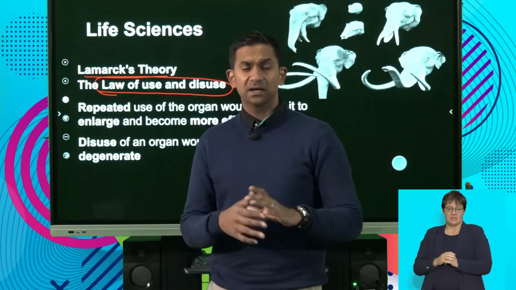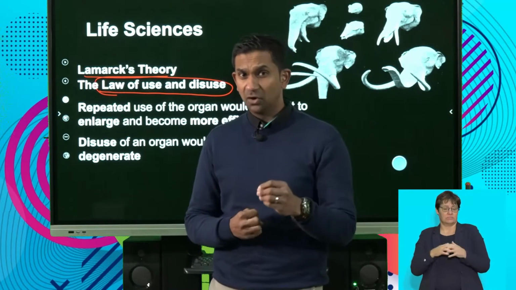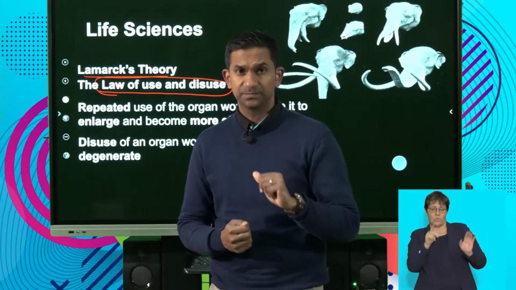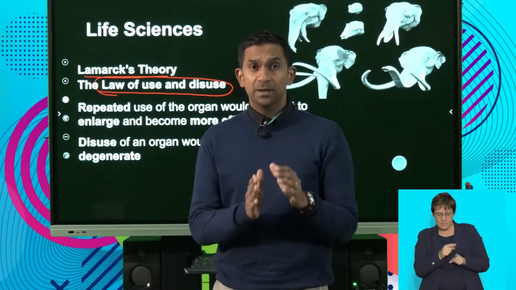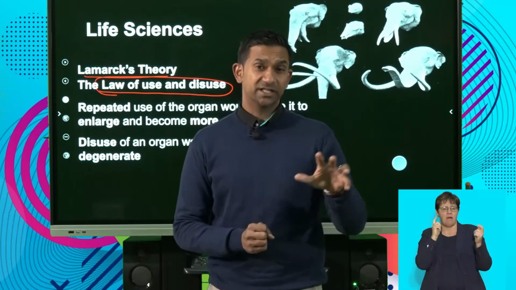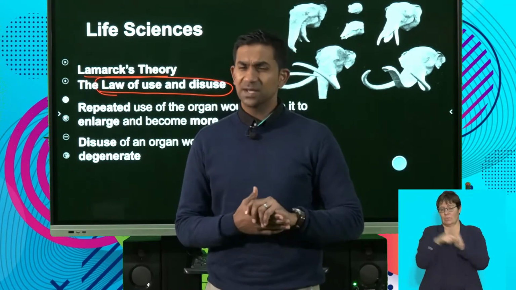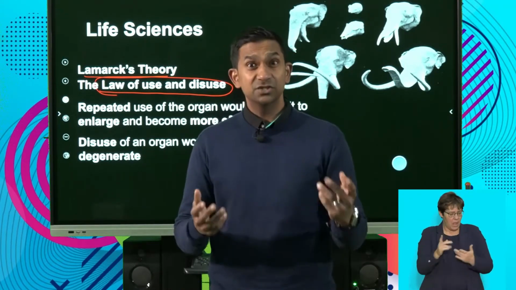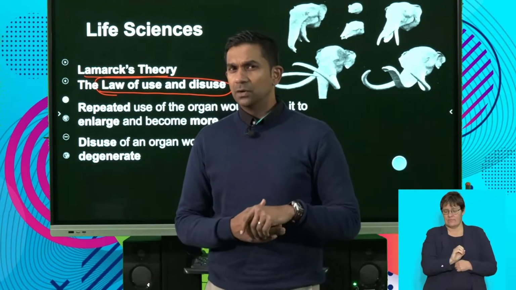And that is what Lamarck put together, the law of use and disuse. And he also inferred that structures or parts that were not used gradually lost their functional use. And so some people often believe that that is true. And so let's test that.